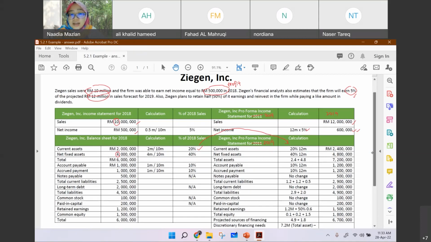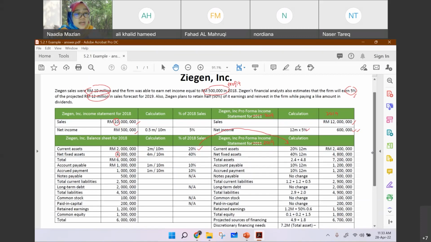So now you can calculate the total assets, which are 2.4 plus 4.8. So you get 7.2 million. All of this will be given. Maybe I will not give you the total assets because you can calculate it: 2 plus 4 is equal to 6.